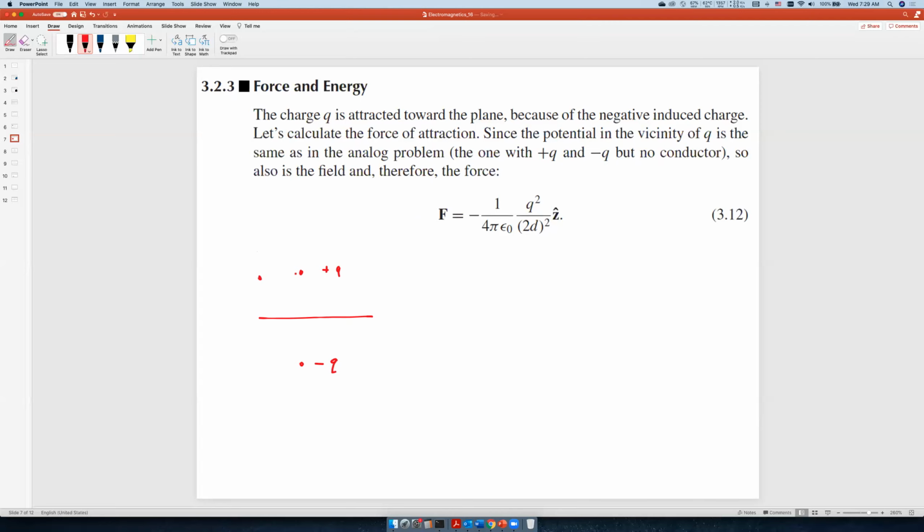You can calculate the force generated by this Q and the force generated by the negative Q by using the Coulomb equation. Then finally you will get the force here. We don't write down the two terms generated by plus Q and negative Q. Please do it by yourself, and you get the final force shown here.